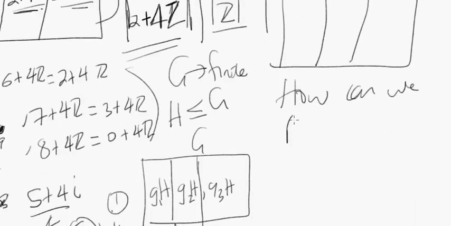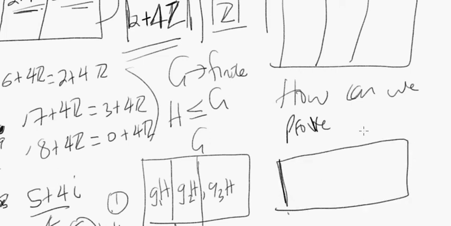So how can we prove that every finite group G can be broken up into cosets of the form gH, and that actually all these cosets are going to partition the entire group, right? That is the key question.